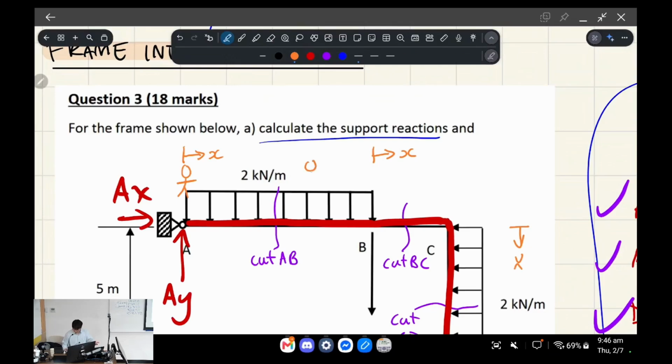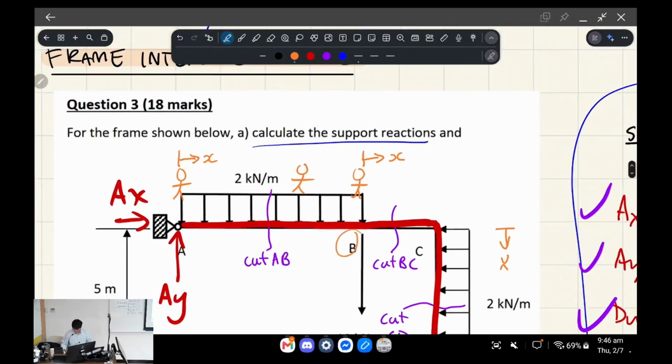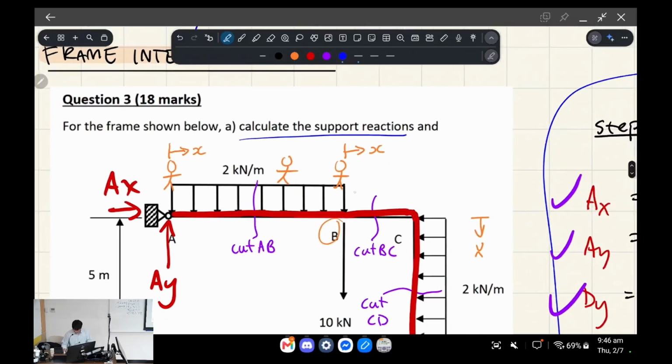Okay, so it's walking, and then once he gets to point B, something different is going to happen. In other words, there's going to be a discontinuity here, and we're going to set up a new line expression, which is going to be cut BC, and we're going to reestablish where X starts. Okay, and I'll explain why later.